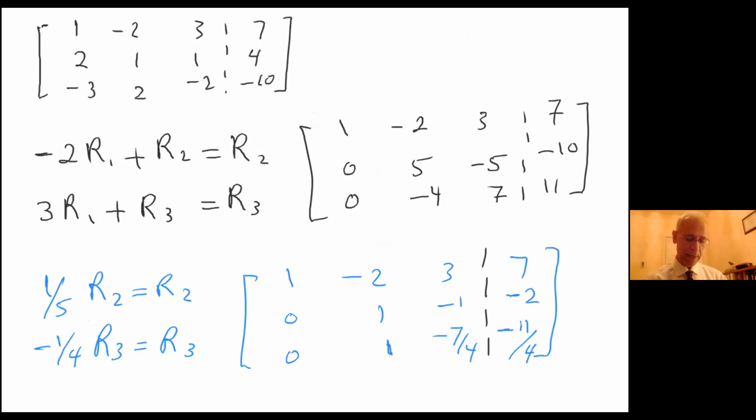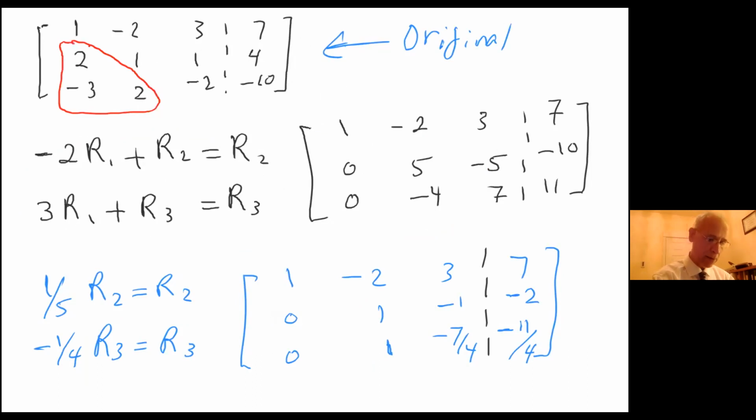Continuing from the first page, this is the original matrix that came from the system of equations. The goal is to turn the left triangle, all those numbers, into zeros.